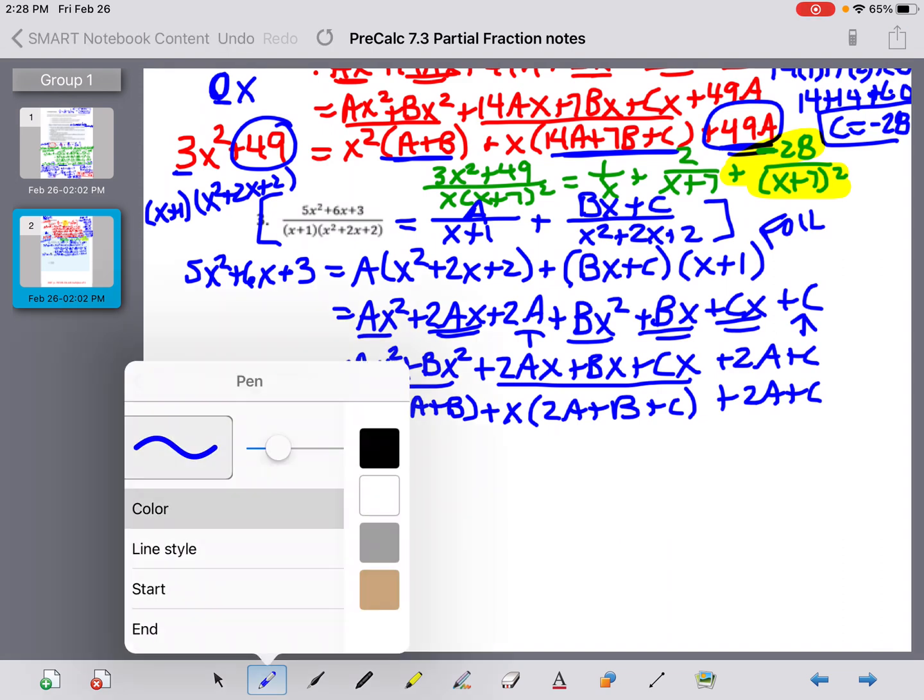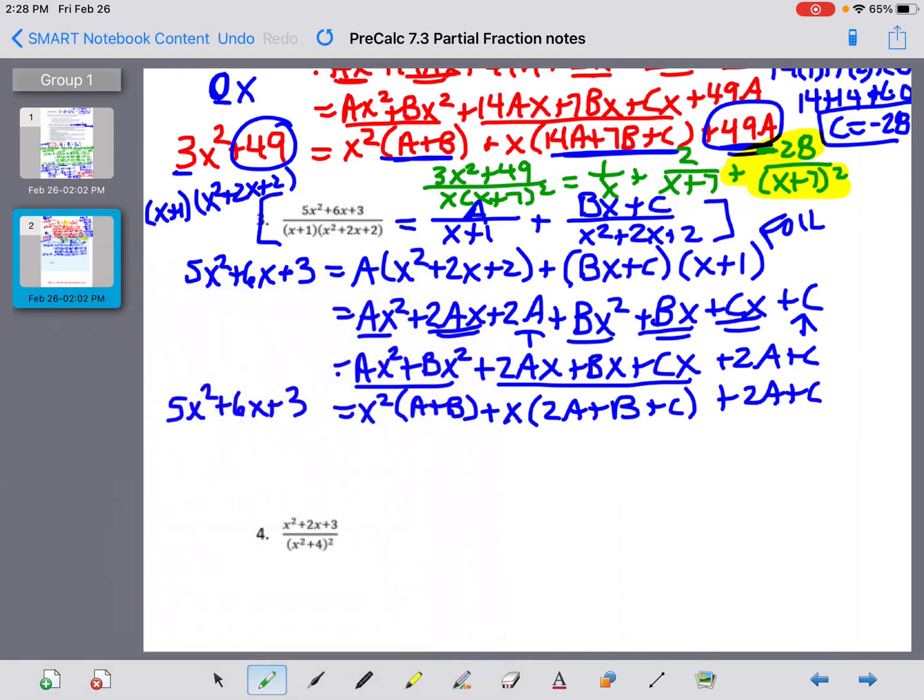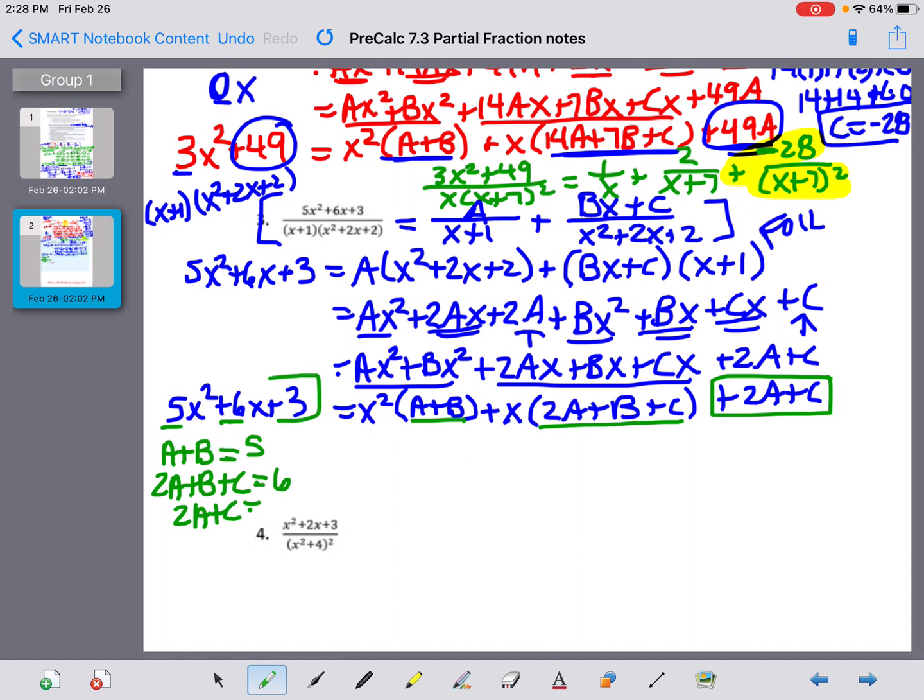All right, for my system, a plus b has to match with whatever is touching my x squared over here, which is 5. All right, 2a plus b plus c has to match my coefficient of my x, which is 6. And finally, my constants over here without any x's, so that's 2a plus c, has to match my constant over here, which is positive 3.